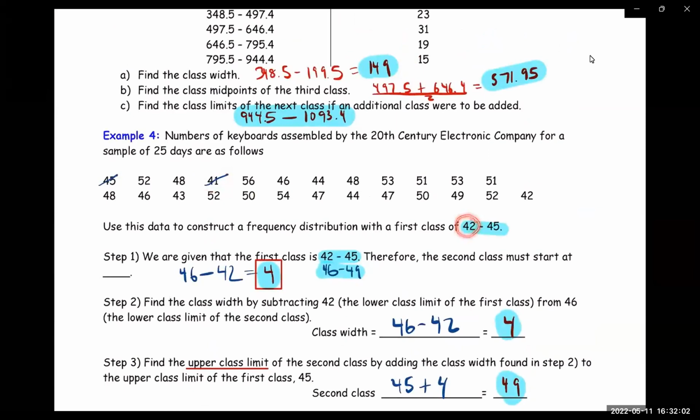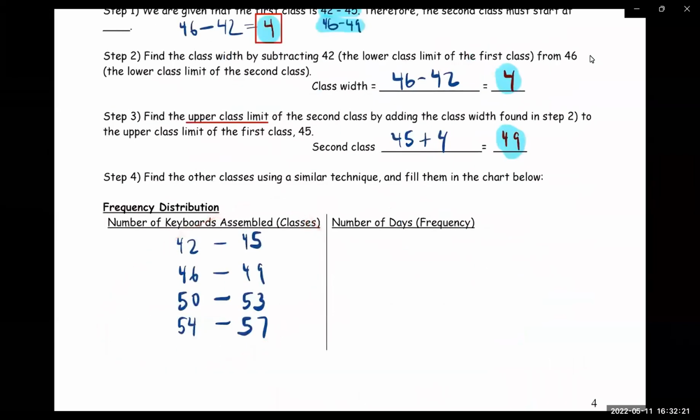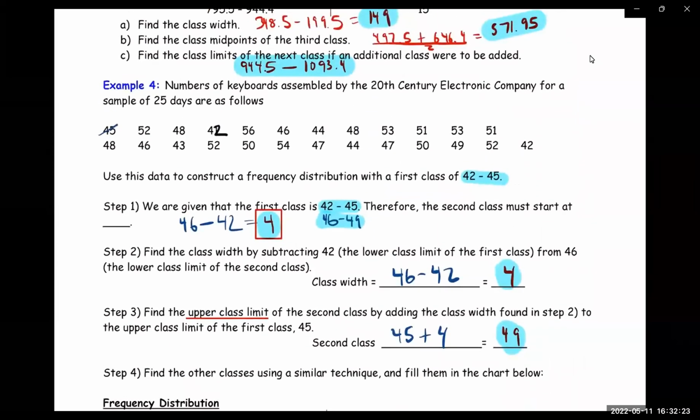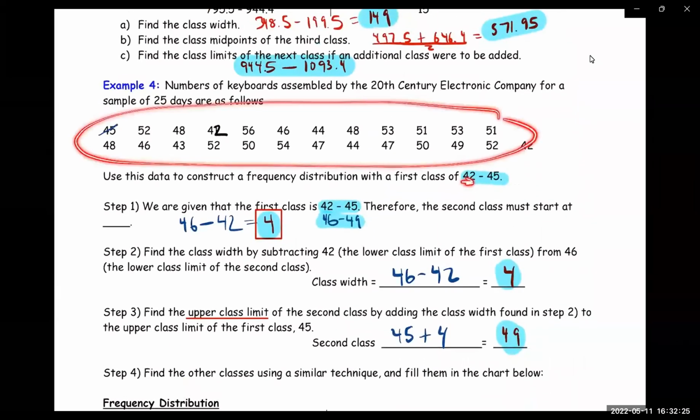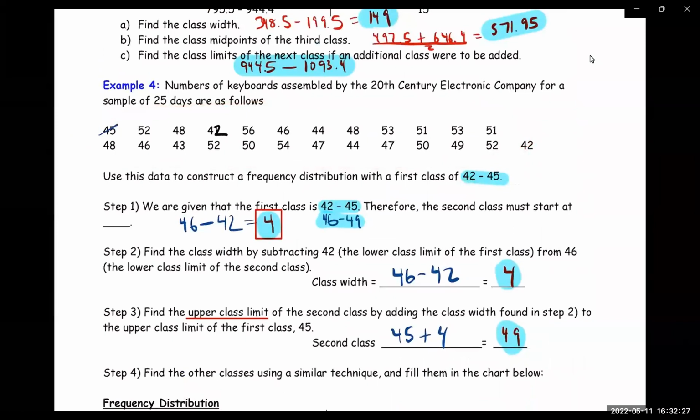See how they started at 42? They should have started at 41. I think that was a mistake. Let's just change this to 42, because otherwise there's nowhere to put that number. 41 doesn't fall anywhere. So you have to choose your smallest number to be your lower class limit. We'll just pretend that was a mistake.